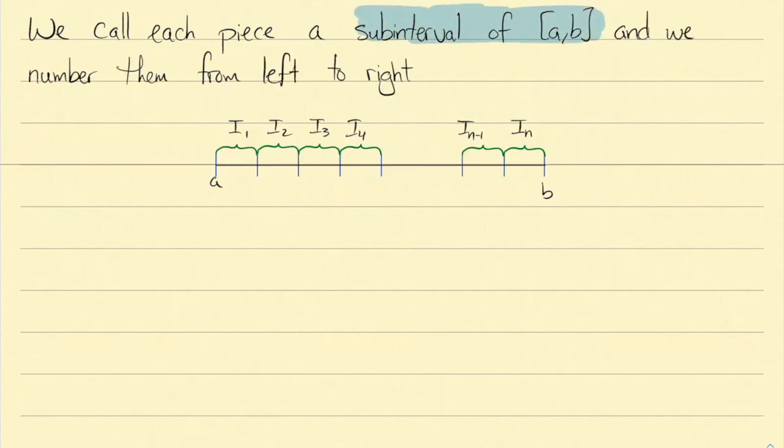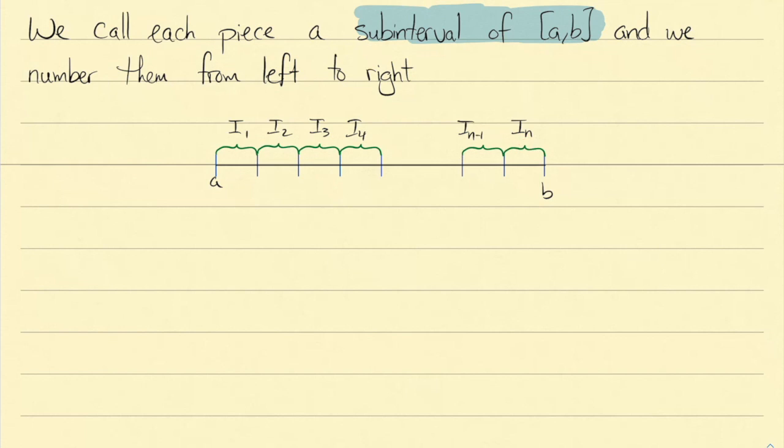So you can see here, we've given each of these pieces a name. Since they're a subinterval, they are in particular an interval, so their names are all I, but they're numbered to distinguish them. The first one is I1, the second one is I2, the third one is I3, then I4, and we keep going along until we get to I(n minus 1), and finally In.